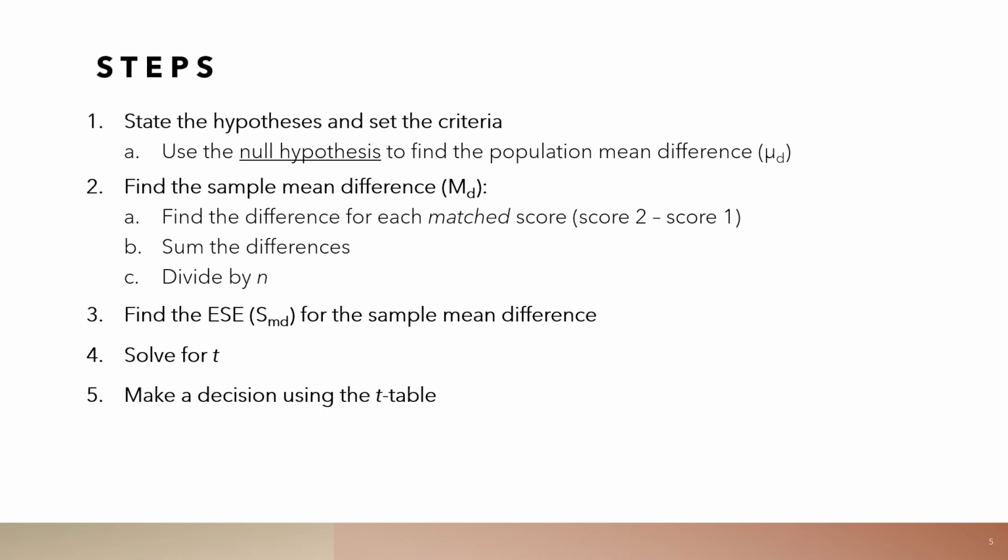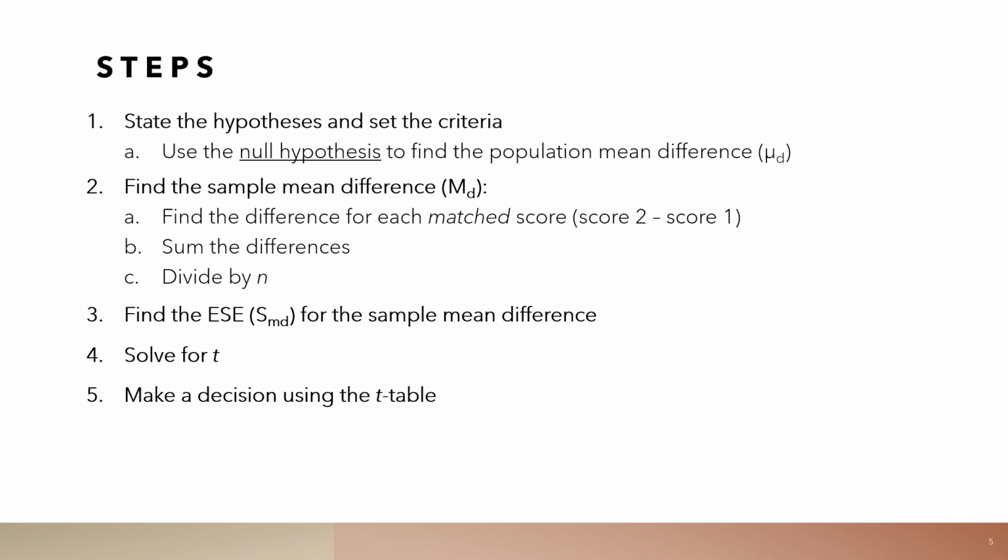To do this, we need to state the hypotheses and set the criteria as we have done before. But now we use the null hypothesis to find the population mean difference. Next, we need to find the sample mean difference. In repeated measures designs, we have what we call matched scores, which means two scores for each person because they are measured at two time points.